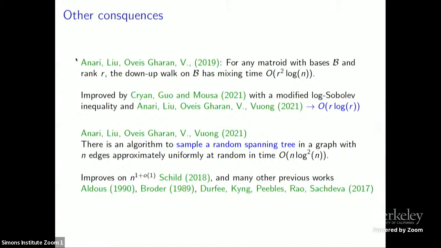This has been improved since then, and now the bound is down to O of R log R. These bounds are about the mixing time of the random walk, so in particular, it doesn't say anything about the complexity of taking a step. But if you run this, for example, to sample a spanning tree of a graph approximately uniformly at random, this gives, as far as I know, one of the best running times for sampling spanning trees from graphs.